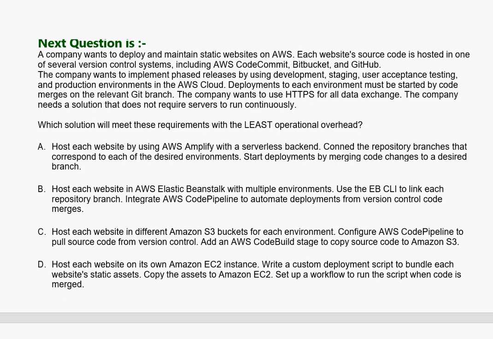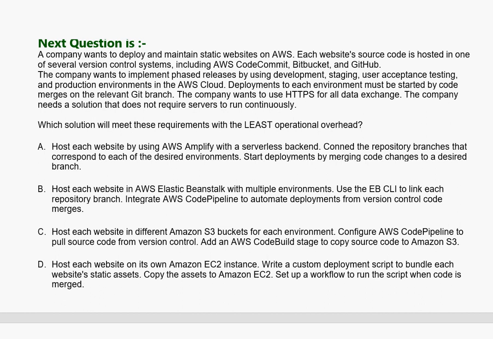Option C. Host each website in different Amazon S3 buckets for each environment. Configure AWS CodePipeline to pull source code from version control. Add an AWS CodeBuild stage to copy source code to Amazon S3. Option D. Host each website on its own Amazon EC2 instance.